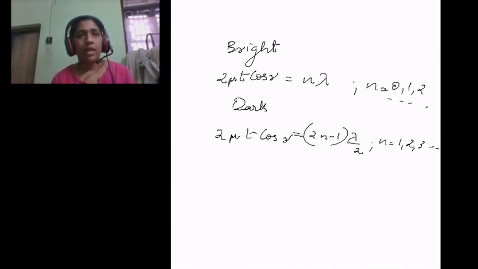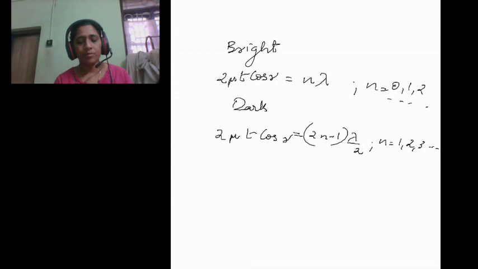If that particular color satisfies the condition for constructive interference, then that color will appear in that portion and all other colors will be suppressed.